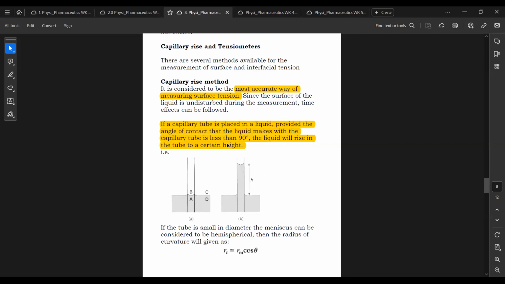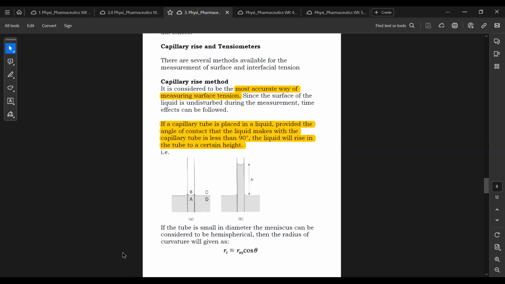So for this angle to be less than 90 degrees, the adhesion forces have to be greater than the cohesion forces, such that it's easier for the liquid to wet the glass as it rises up, than when the forces inside the water molecules are higher, so it won't rise up. And that's how the surface tension is measured.